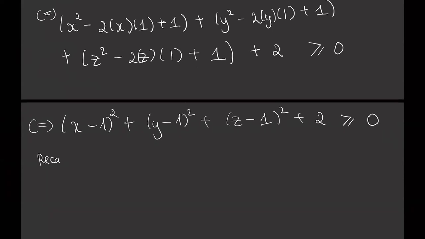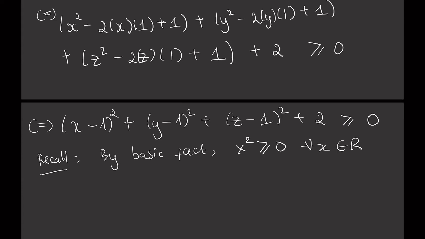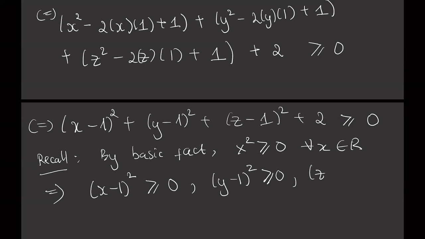So we recall a basic fact. By basic fact, any number squared is greater than or equal to 0. So (x minus 1) squared is just a real number and you square it, right? So it's greater than or equal to 0. Similarly with (y minus 1) squared and (z minus 1) squared.